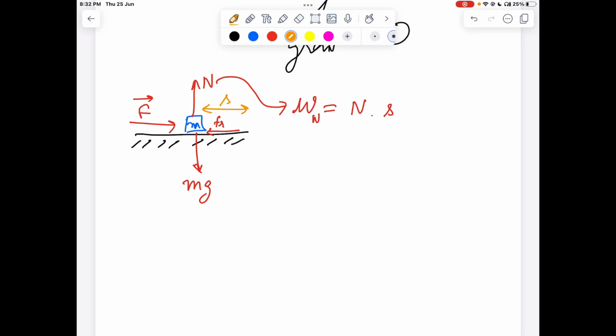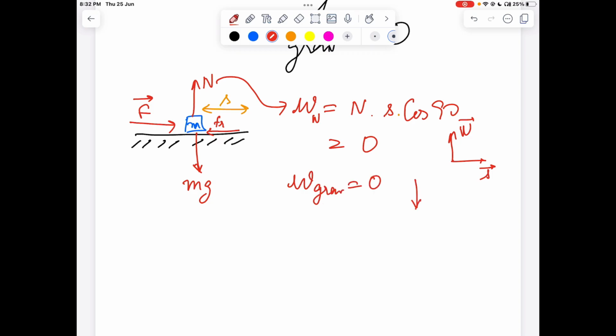That would be N S cos 90, because N is in this direction and S is in this direction. That would be 0. Similarly, the work done by gravity would also be 0 because mg is in this direction and S is in this direction. The dot product of these two vectors would be 0.